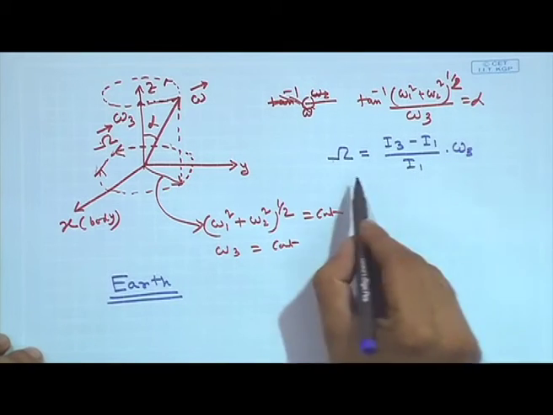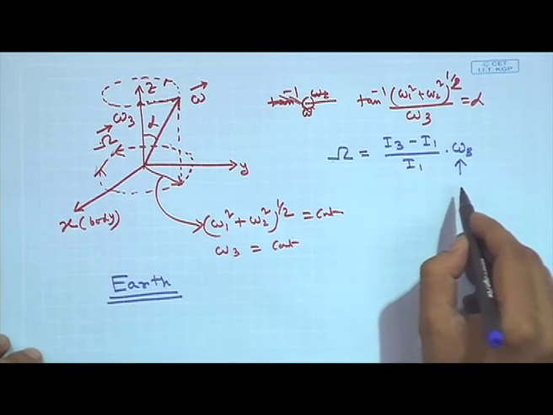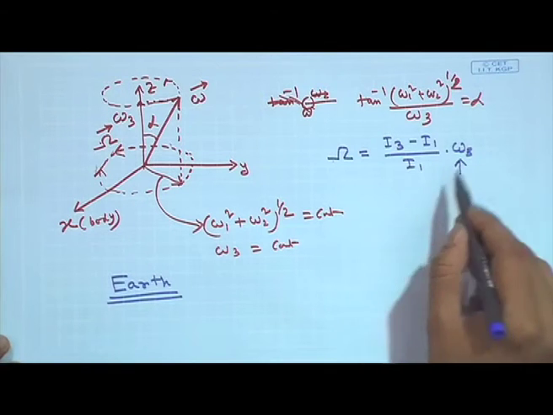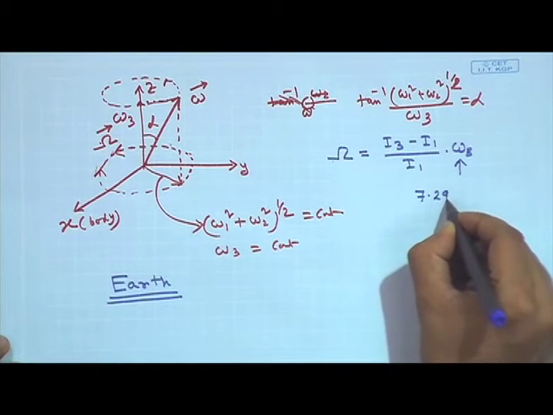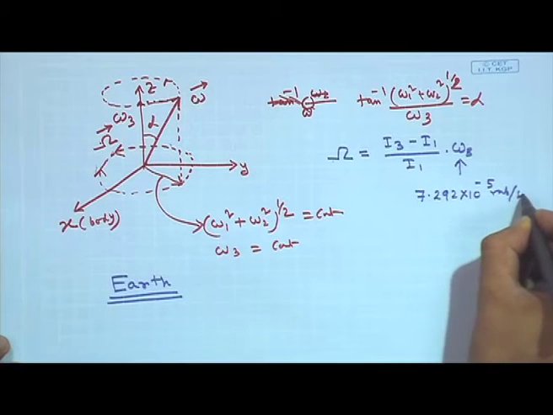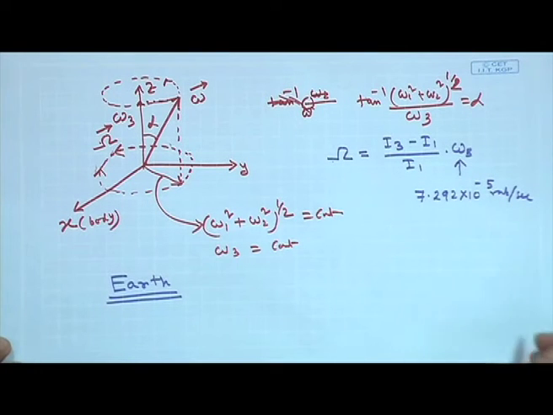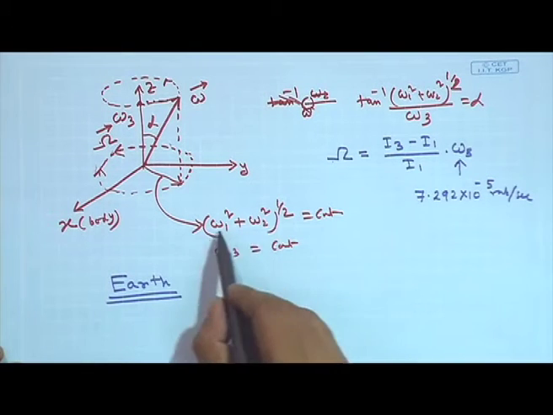Now, going back to this expression here, omega 3 is the standard rotational velocity of Earth, and this is given, to be precise, as 7.292 times 10 to the power minus 5 radians per second, right, that we have seen. So, you see that omega 1 and omega 2, these components, are very minimal.